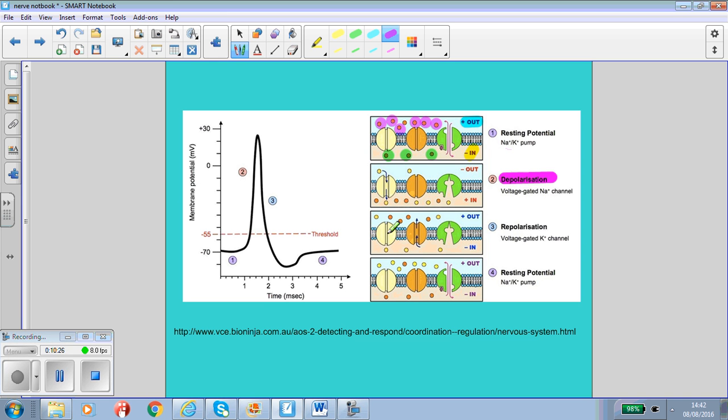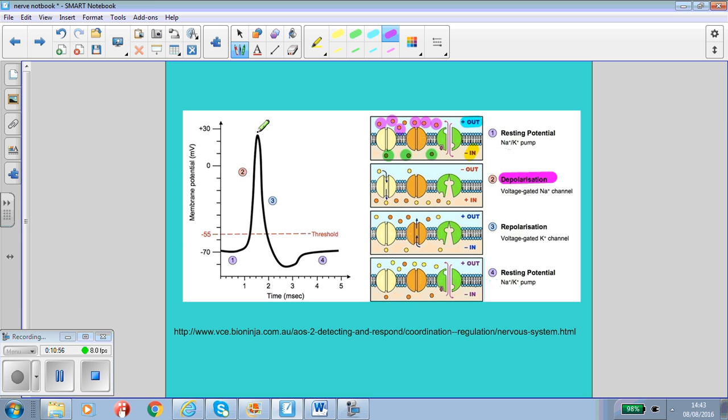So the sodium gate closes and the potassium gate opens. And the potassium goes back out. And the cell returns to its normal state, where it is positively charged on the outside and negatively charged on the inside. And then the cell goes back to its resting state, where the normal channels for normal nutrition can open, and the cell can proceed in its resting state.